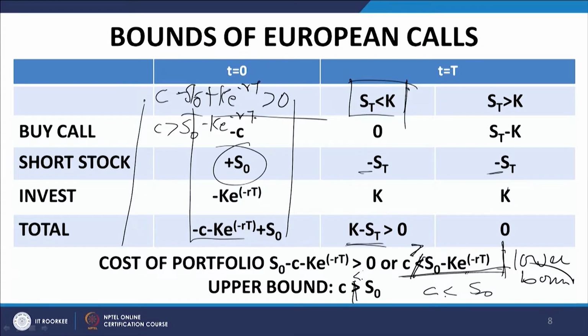So, the value of the call can never be greater than the value of the asset. Therefore, C must necessarily be less than S naught. So, C must be greater than S naught minus K e to the power minus R t, and C must be less than S naught. These are the two bounds. This is the lower bound, S naught minus K e to the power minus R t, and S naught is the upper bound of the European call.